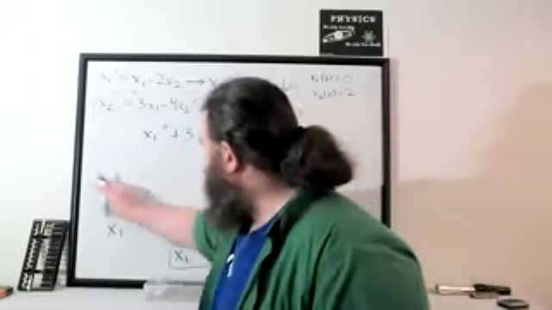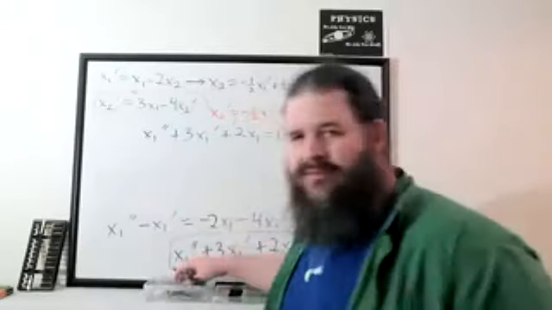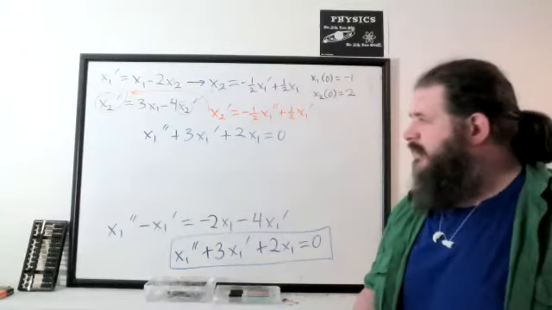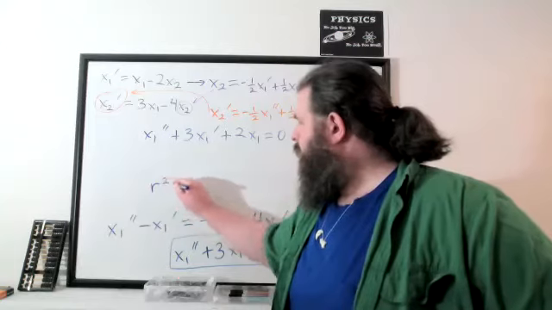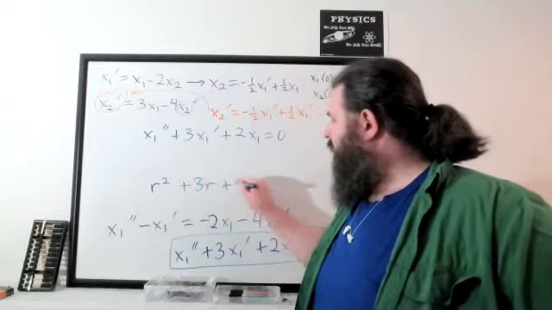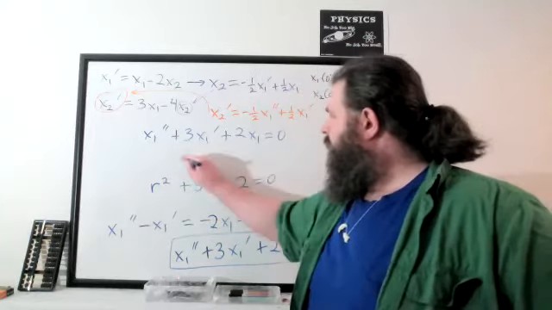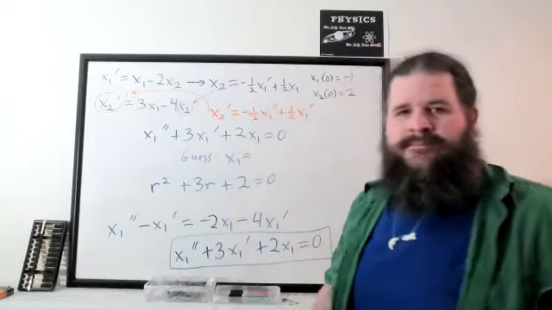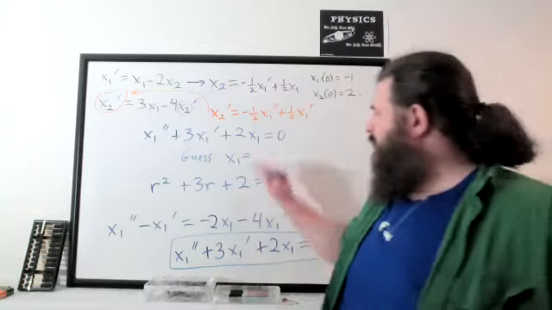What type of function do you expect as the solution to this kind of differential equation? Yeah, it should turn into r squared plus 3r plus 2 as a result of making what guess? Yeah, something with e to the whatever t, e to the rt.